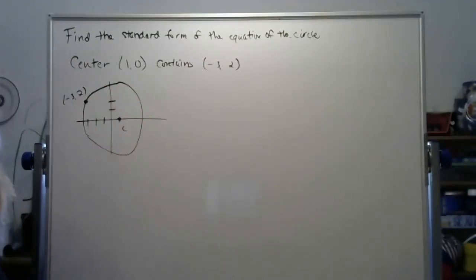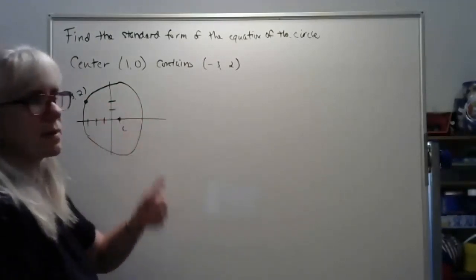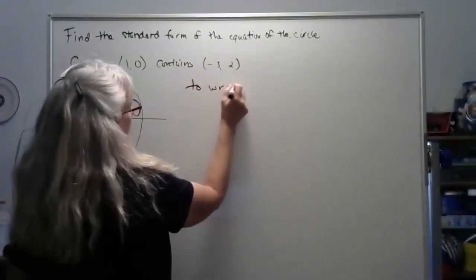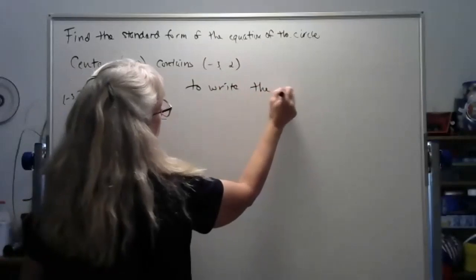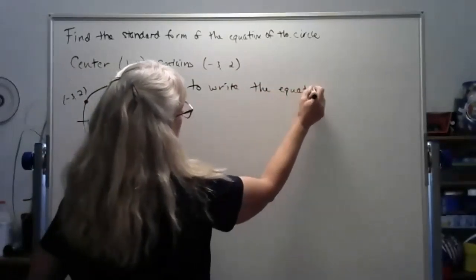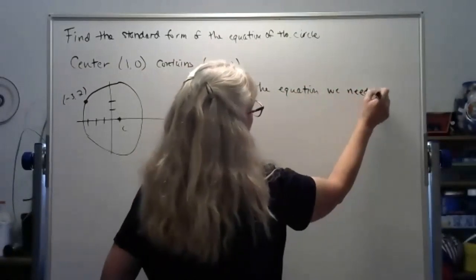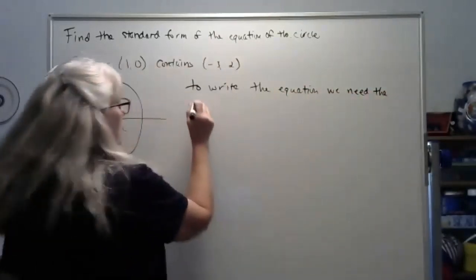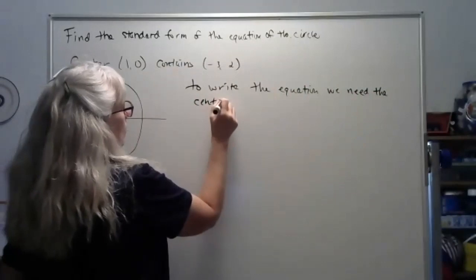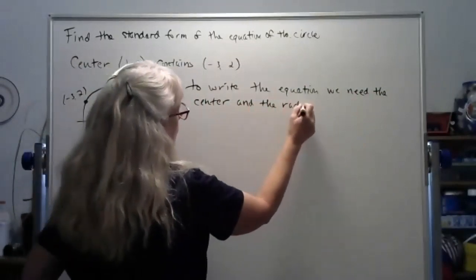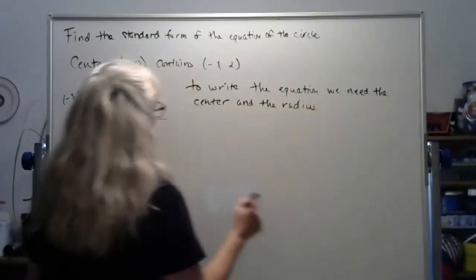So in order to write the equation of the circle, we know we need the center and the radius. Okay, well, they gave us the center.